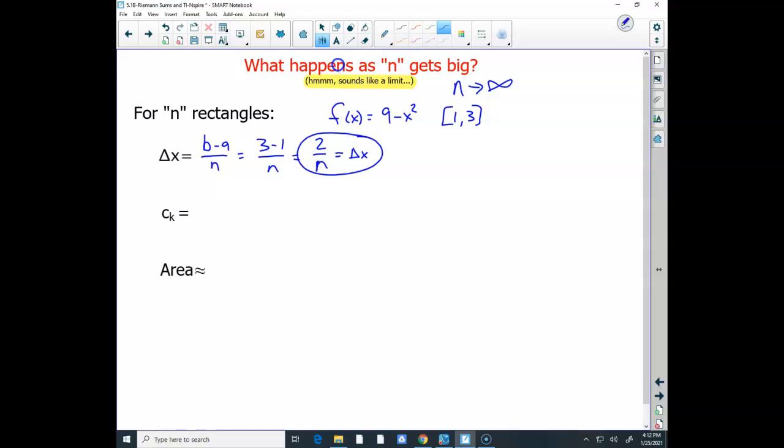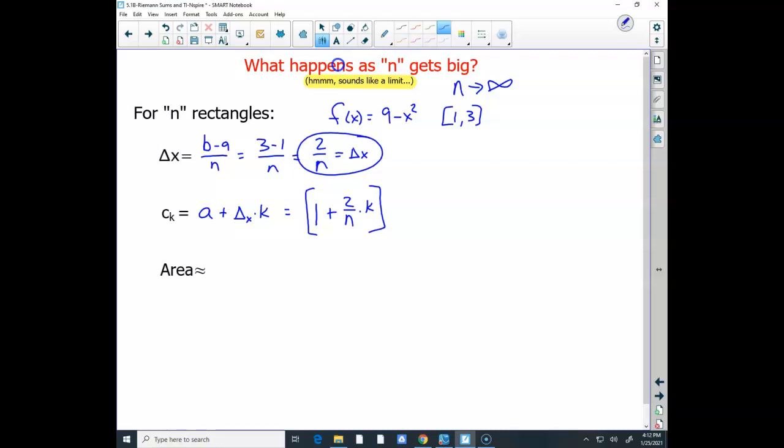C sub k, again, is a plus delta x times k. Well, what is that going to give me? That gives me a plus delta x times k. There is my c sub k. And what do I get?